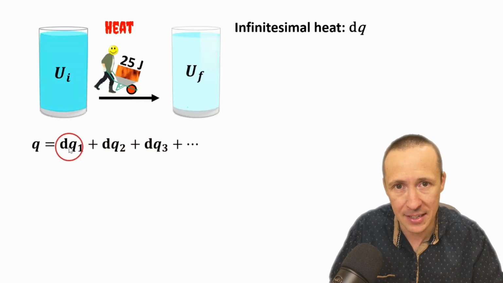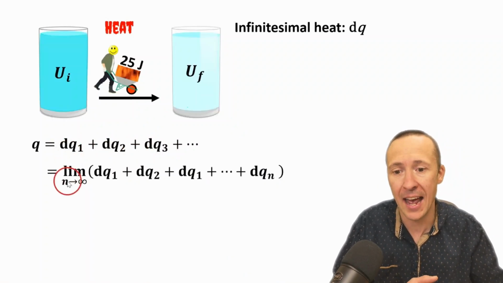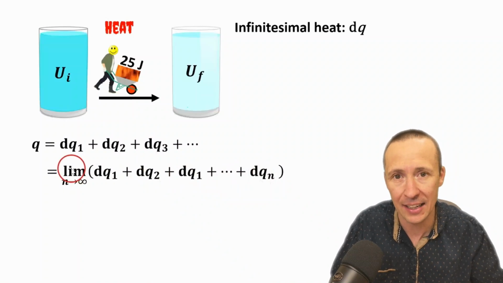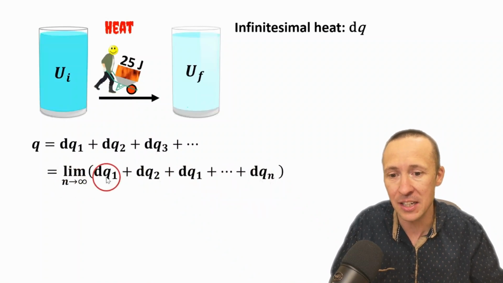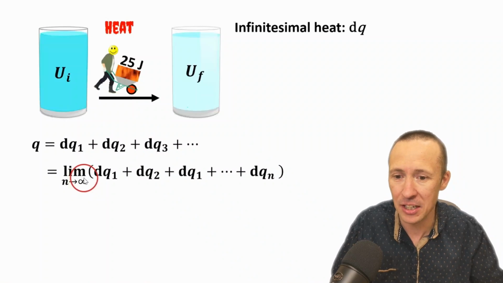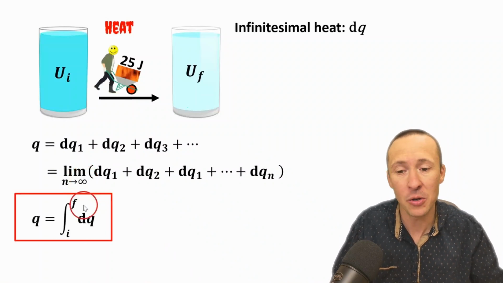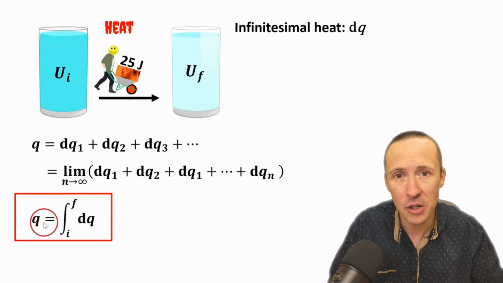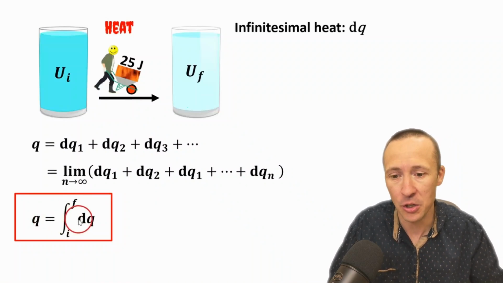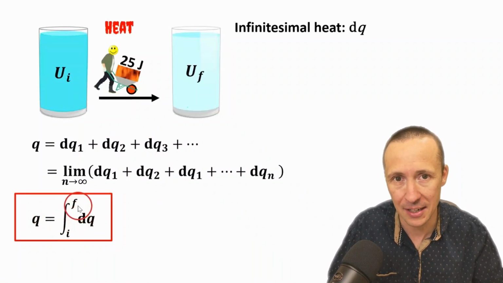Now, these are infinitesimally small, so really to add them all up, we need to add an infinite number of ones. So we need to take a limit as the number of dq's goes to infinity. And this limit definition, really we can turn this into an integral, where q, the energy transferred as heat, is equal to the integral of dq from the initial to the final state.